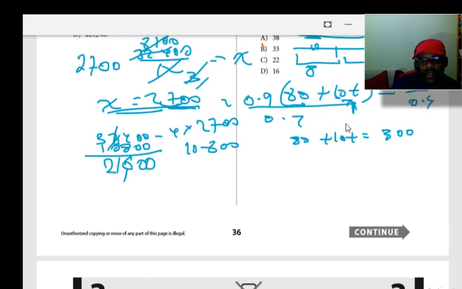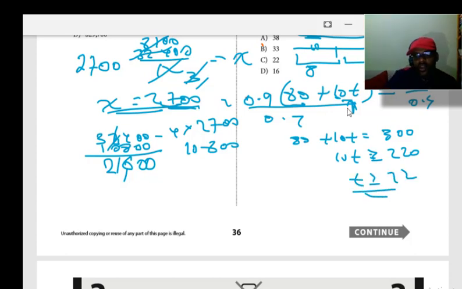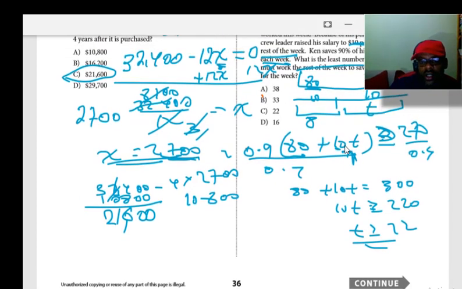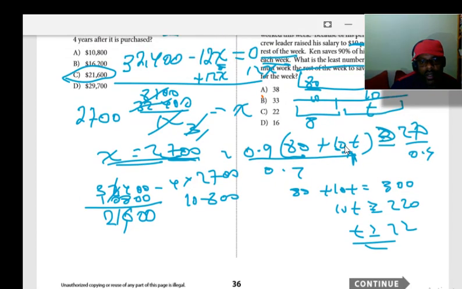So subtract 18 from both sides, so that goes to 220. When you divide, t is greater than or equal to 22. So the least number of hours he has to work in order to achieve 270 is C, the minimum, you know.